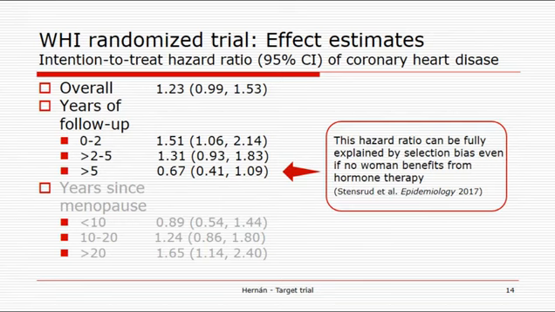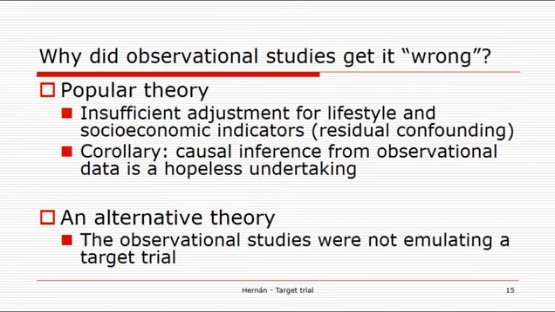Okay? So this is just a function of the bias of the depletion of susceptibles. Okay, so now we will come back to that.